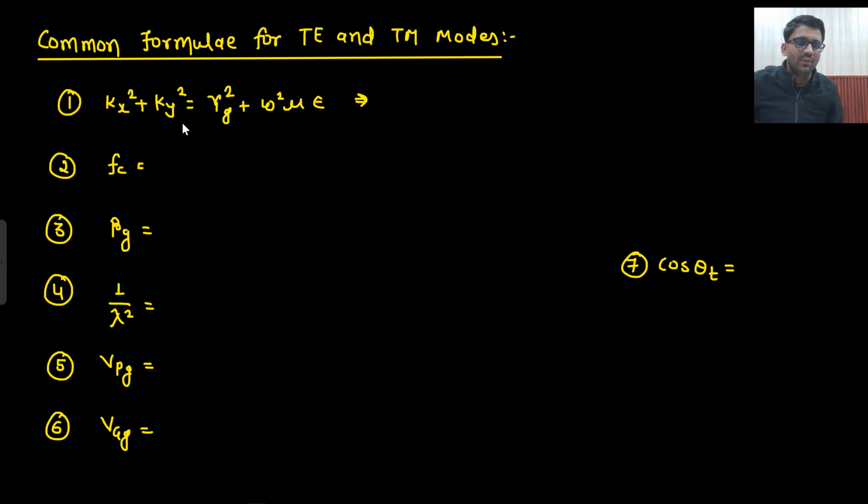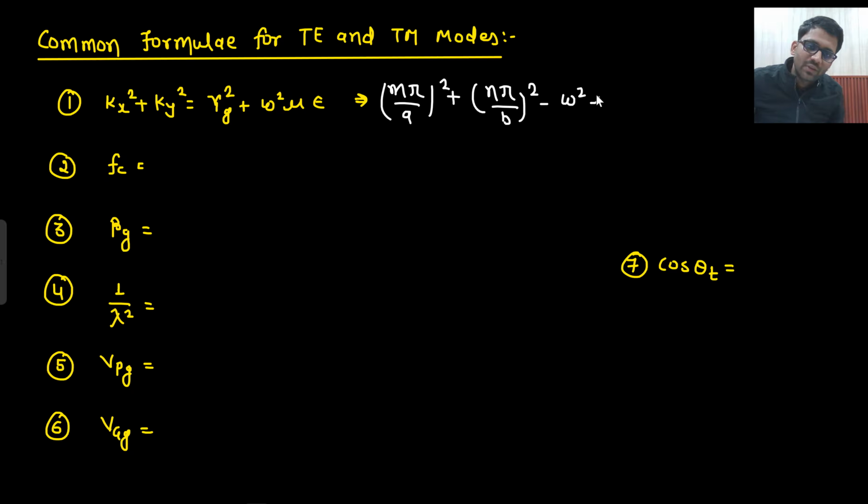So this thing we already know: kx square plus ky square is equal to gamma g square plus omega square mu epsilon, and this can be written as (m pi by a) whole square plus (n pi by b) whole square minus omega square mu epsilon is equal to gamma g square. Anytime you may require this expression. From here, if they are asking lambda g and all these expressions, you can calculate.